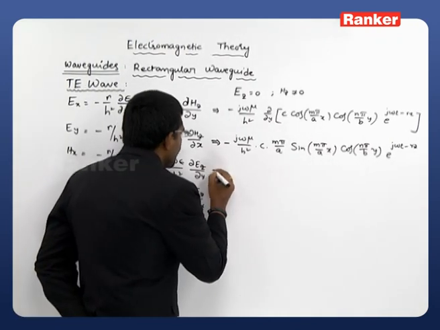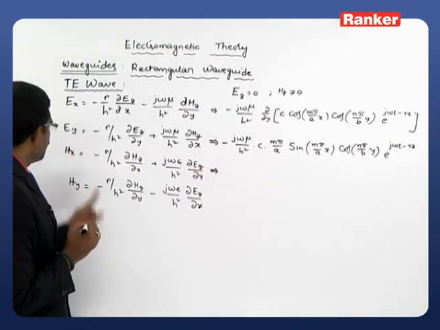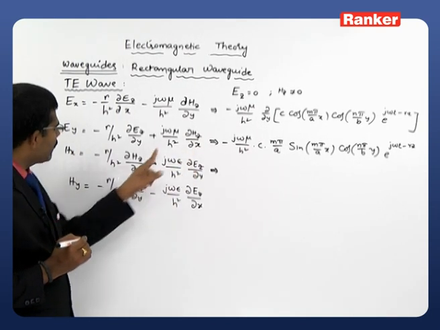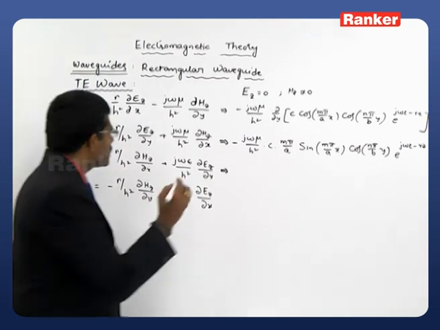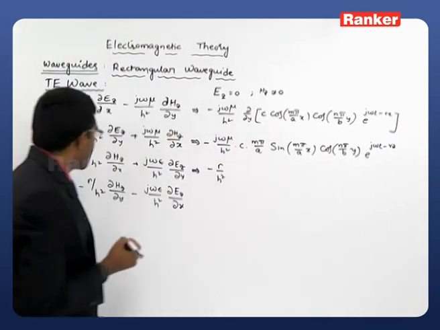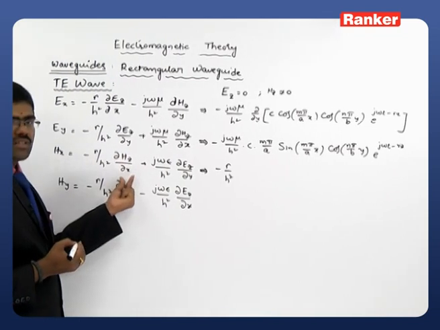Similarly, what will be the final equation for Hx? For Hx, substitute Ez is equal to 0. As Ez is 0, this term will vanish and this term remains for us. I am trying to write down this entire term directly. This differentiation is with respect to x.